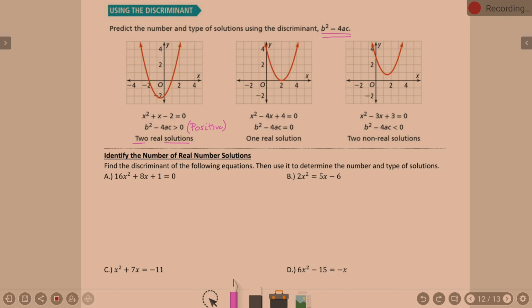Remember, our solutions are where the graph crosses the x-axis, so the parabola is going to cross the x-axis twice. That's if b squared minus 4ac is a positive number, something you may or may not be able to take a square root of, but there's not going to be any i's.